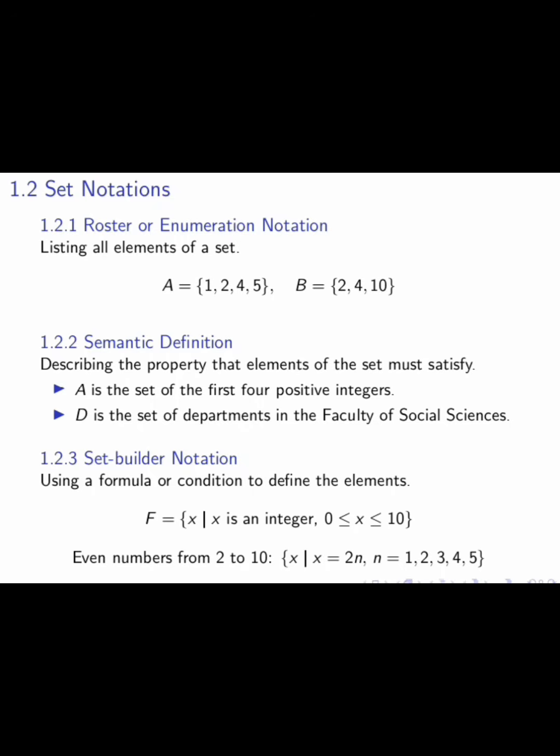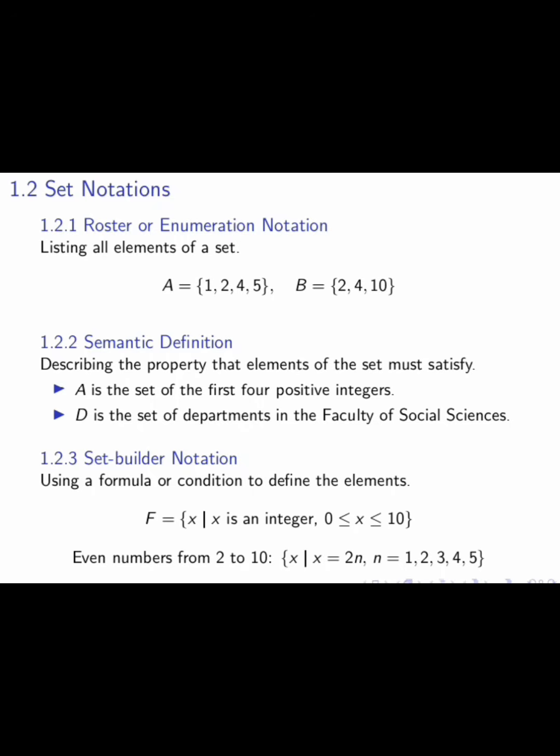So if we say list all the members of your department, you'll be able to list them and write their names. That's why it is called a roster. If your lecturer asks your HOC to give a roster of all the members of your class, it is going to represent them in roster notation. So you can see we have 1 to 5, and 2, 4 and 10.